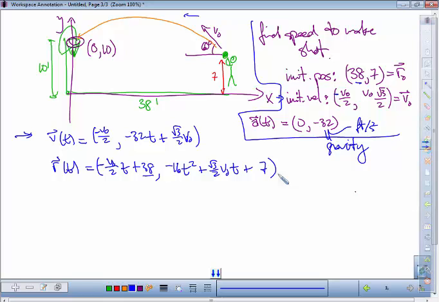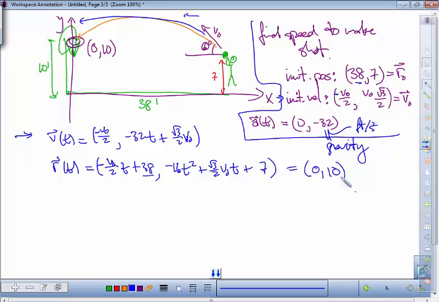So at this point, there are 2 ways to approach this. Now that we've corrected our negative sign for the velocity in the x direction, we know that the projectile will eventually hit x equal to 0. So that's what we're going to shoot for. We want the position to eventually equal the hoop, 0, 10.